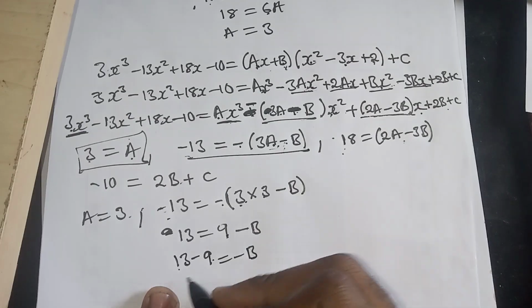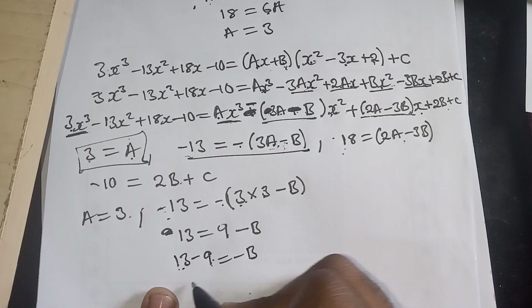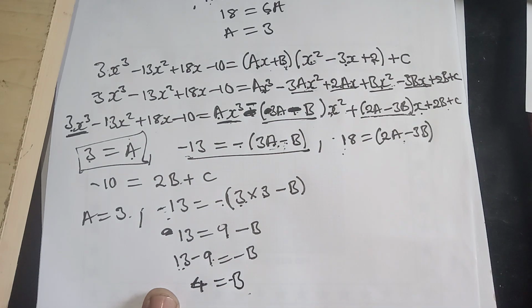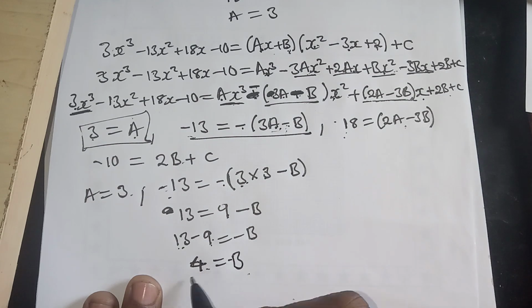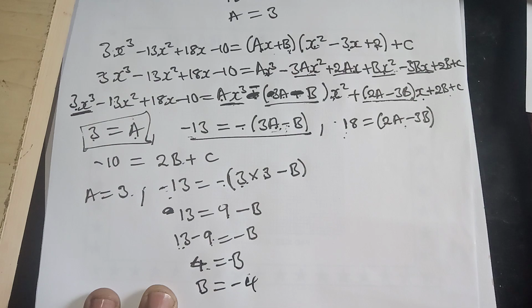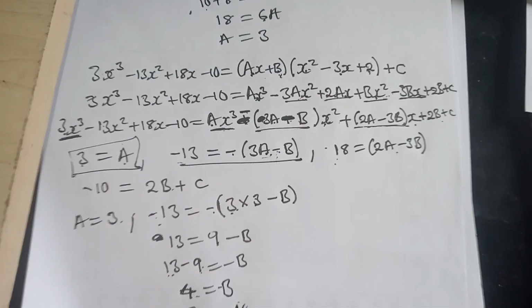So when you subtract these two, you have a 4, a positive 4, which is equal to negative b. When you divide both sides by negative 1, b is negative 4, just like before.